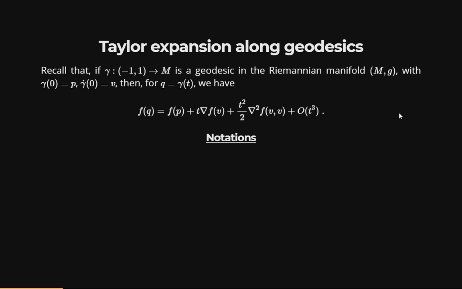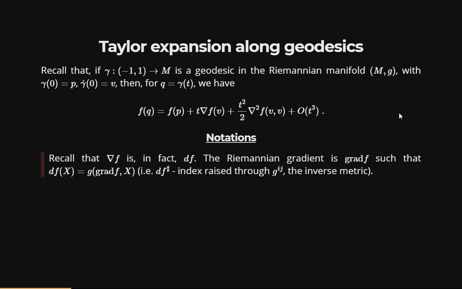So nabla f, the covariant derivative of f, is just the differential of f. The Riemannian gradient is grad f and is defined by this relation, so it's the df sharp. That means that df applied to any vector field is the scalar product between the gradient of f and that vector field. So it's defined by duality.